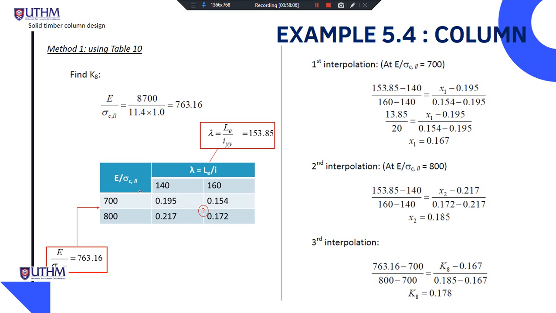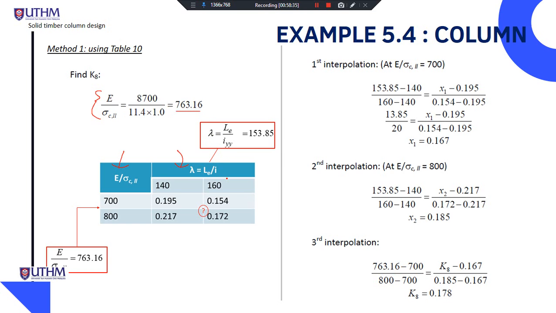If you still remember, we have this column and also this column. First we calculate this value and we get 763.16. Next, we calculate the value of slenderness ratio.